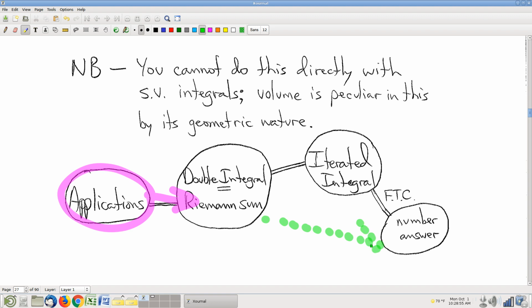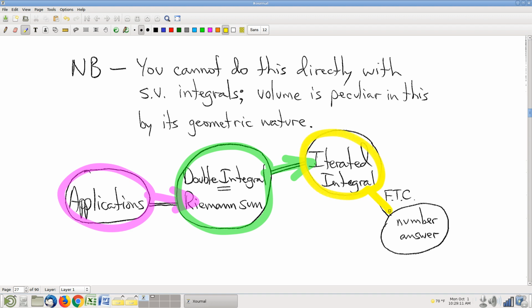Wouldn't that be nice? But we don't have such a thing. So we can't just immediately start evaluating. I have to turn that double integral into an iterated integral, a nested integral, if you prefer. And having done that, then I can apply the fundamental theorem of calculus 2 times, and get an answer. So this is the flow of problems.